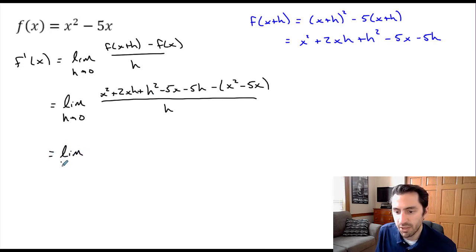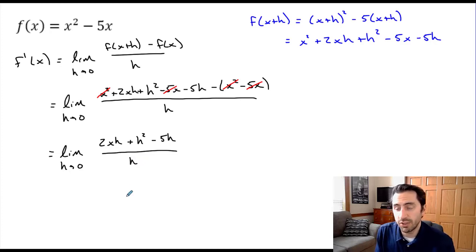So we still have our limit, the limit as h approaches 0. And if we take a look, we have a positive x squared, a minus x squared. We have a negative 5x. Distributing the negative, we have a positive 5x. So let's see what we're left with. So we have a 2xh, and we have an h squared, and we're left with a minus 5h. And this is all over h.